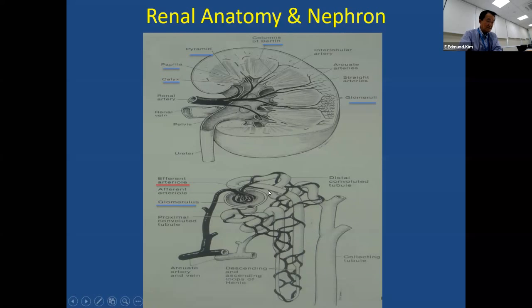On the other hand, there is the loop of Henle, proximal and distal, for the tubular secretory or reabsorption function here. It's a structure connected to the draining collecting system.